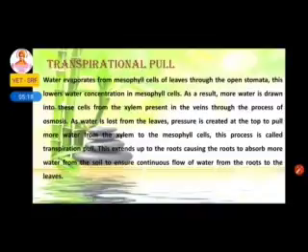Once the leaves have evaporated the water, they have a deficient amount of water. That creates a pressure. As the pressure increases, it creates a pull in the root to absorb more water from the soil. As a result, there is a continuous flow of water from the root to the leaf.